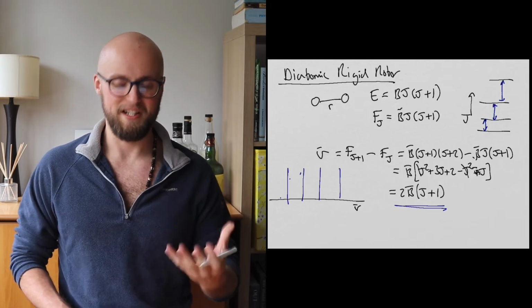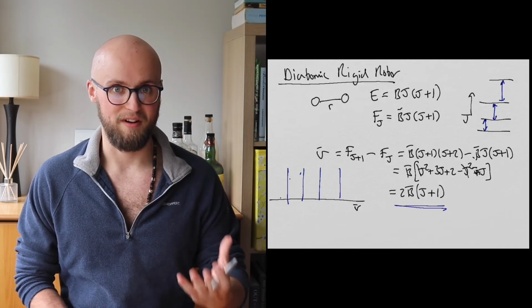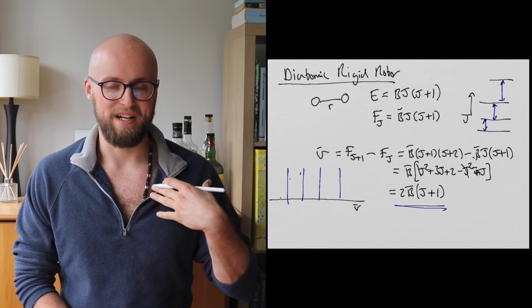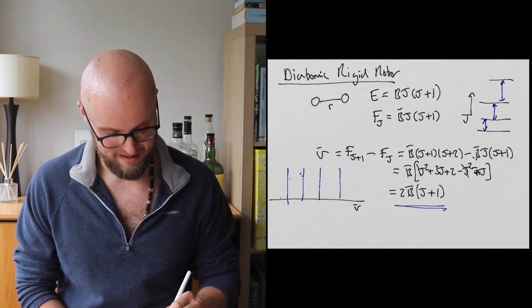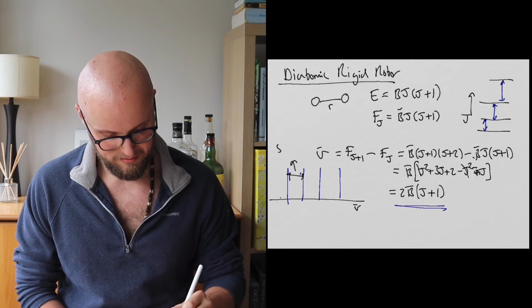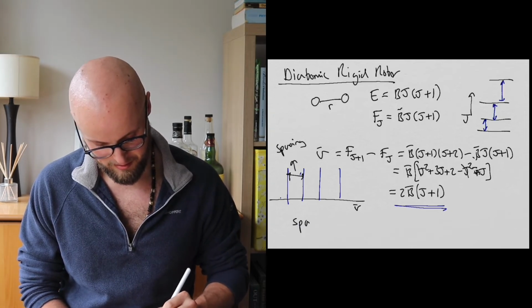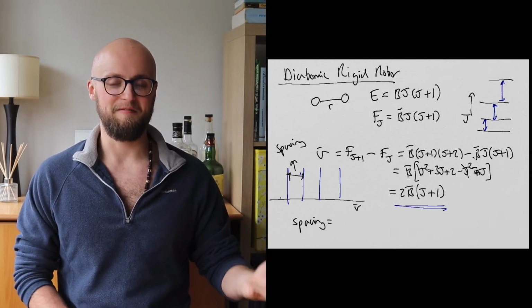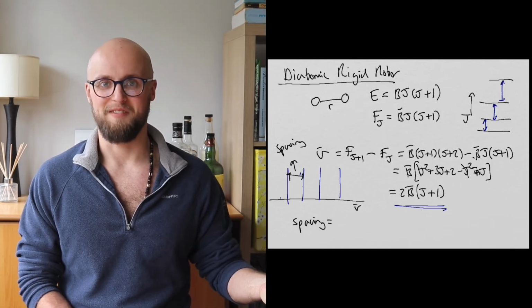The important point to note is that the line is the difference between two energy levels. Then it's often talked about as well the line spacing, which would be this distance here. In the same way that the line is a difference between two energy levels, the line spacing is a difference between two lines, two adjacent lines.